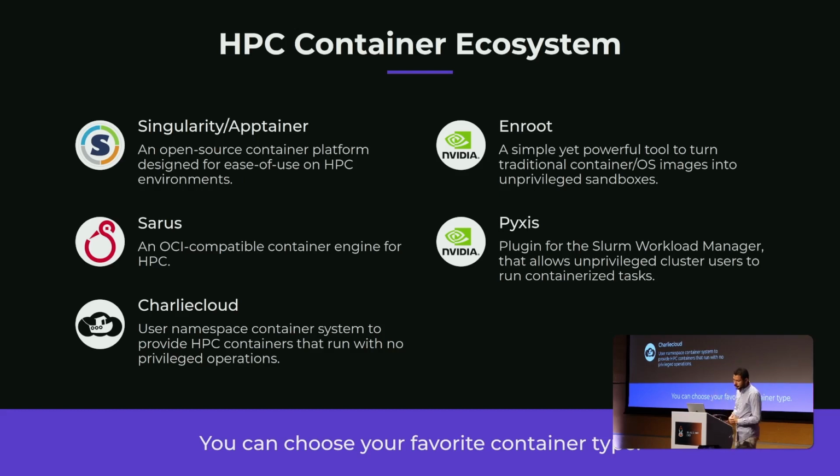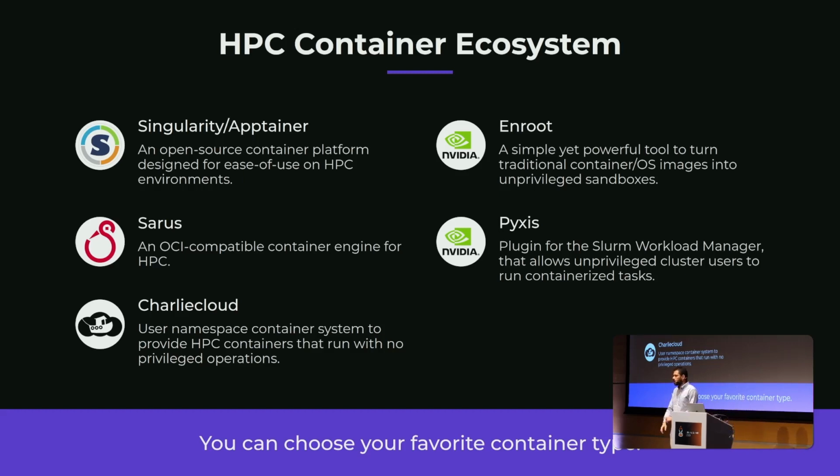Charlie Cloud is another option you have. I haven't used it yet, but it has the same purpose as the other ones, and it's worth mentioning that all of them intend to run unprivileged containers.